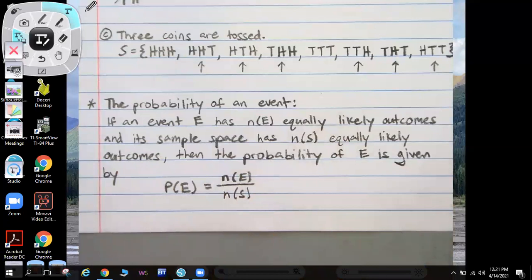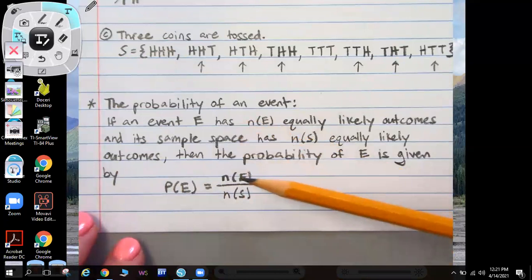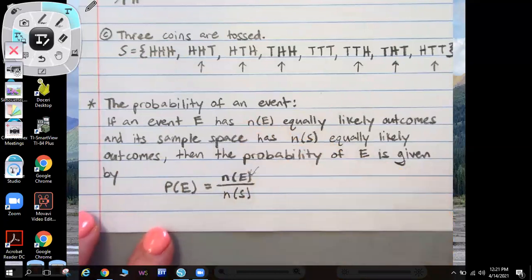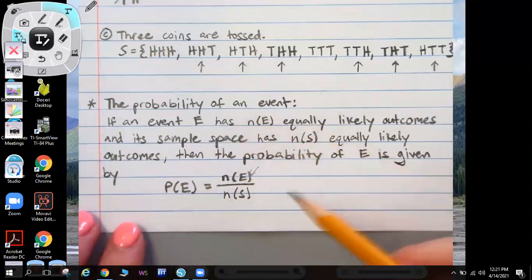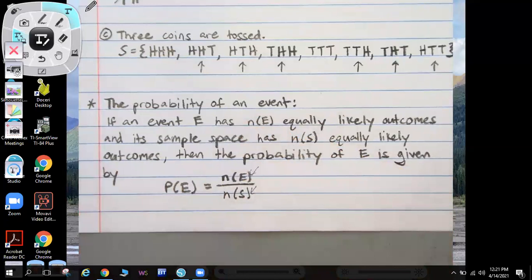All this means is that to find the probability of an event occurring, you count the number of outcomes where that event occurs or could occur, and then you put it over the total number of possible outcomes.